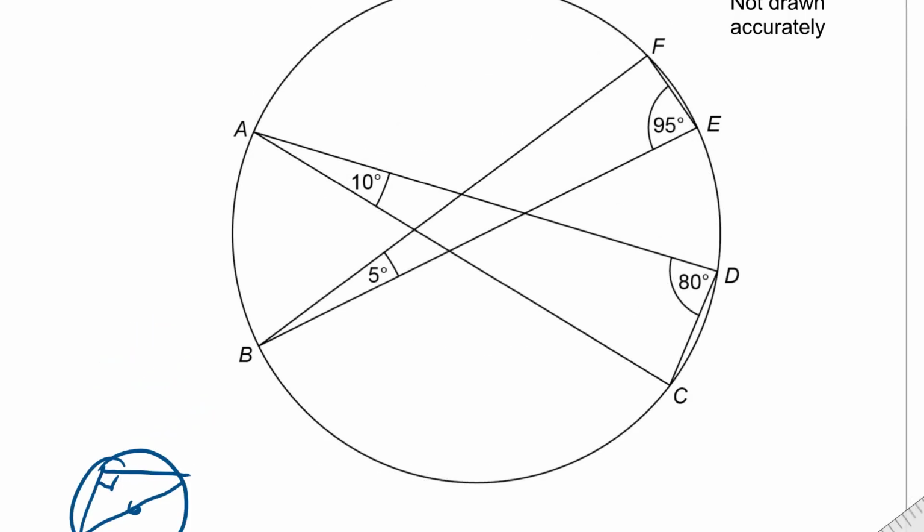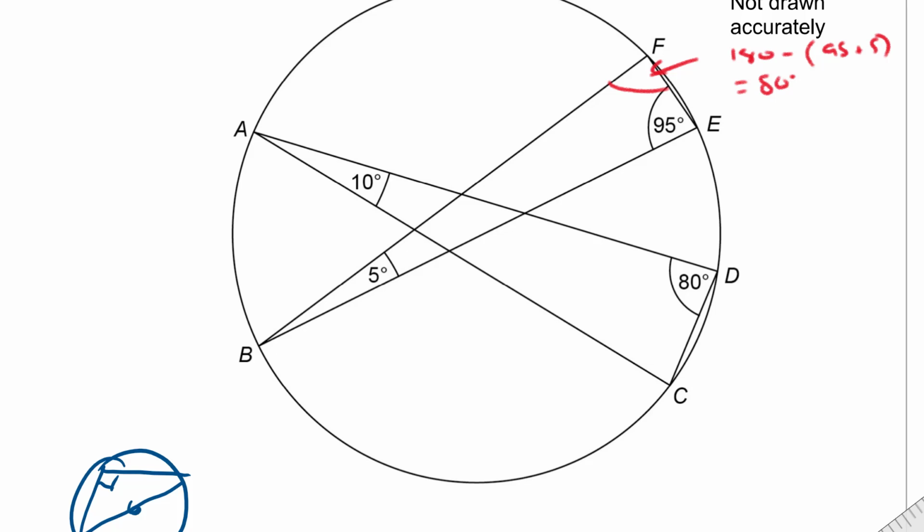So I'm looking for a 90-degree angle. So in this first triangle I've got 5 and 95. So working out the third angle of that one is going to be 180 take away 95 take away 5, so 180 take away 95 and 5, which is 100 taken away from 180, so that one's going to be equal to 80, isn't it? So that's 80 degrees.